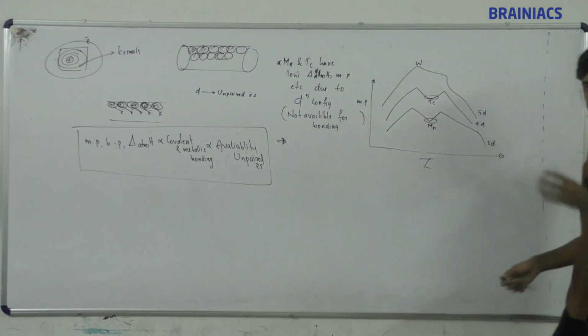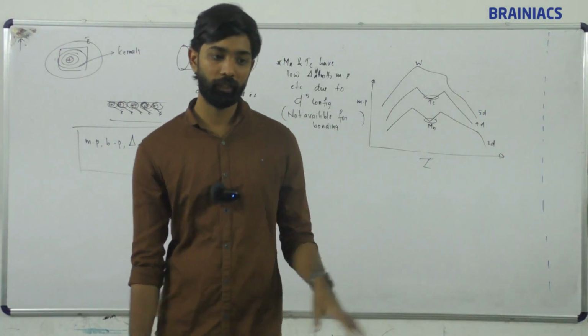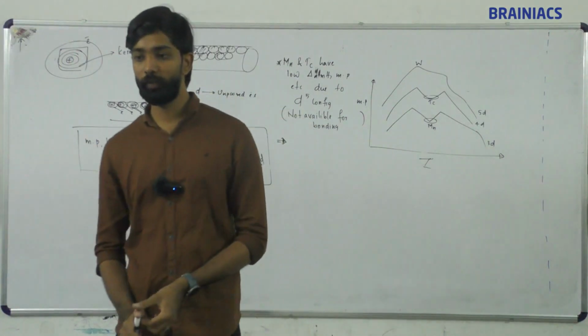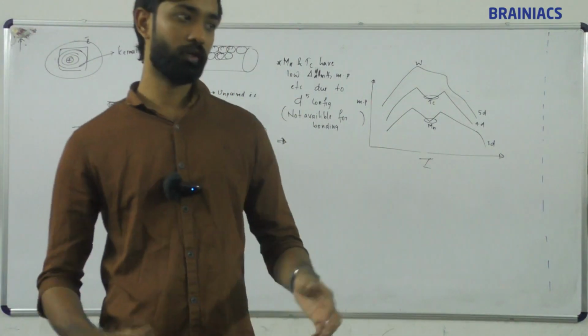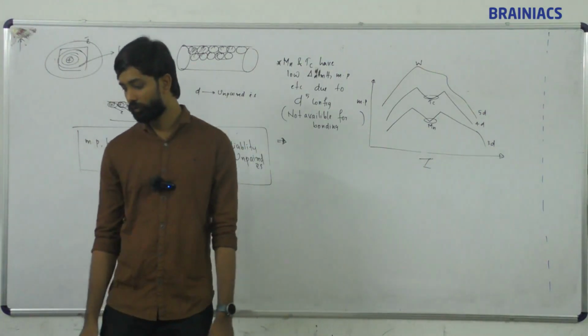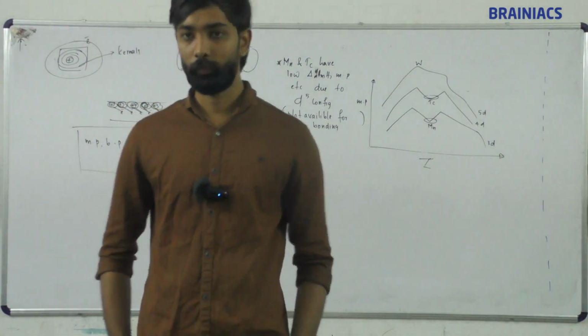The explanation is, on moving down the group, melting point, atomization, boiling point, like that increase. Greater the size, greater the availability of free electrons, greater will be the extent of metallic bonding. So that's all about the melting point, boiling point.